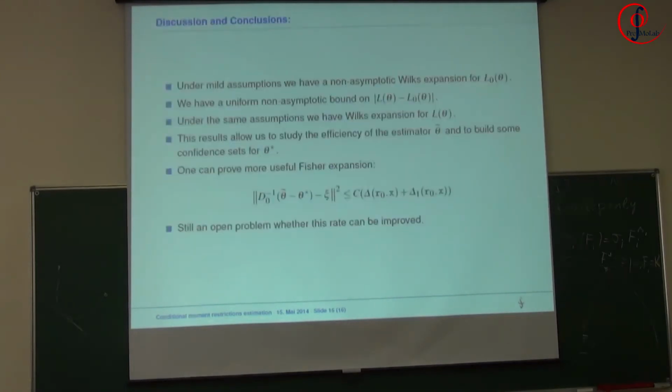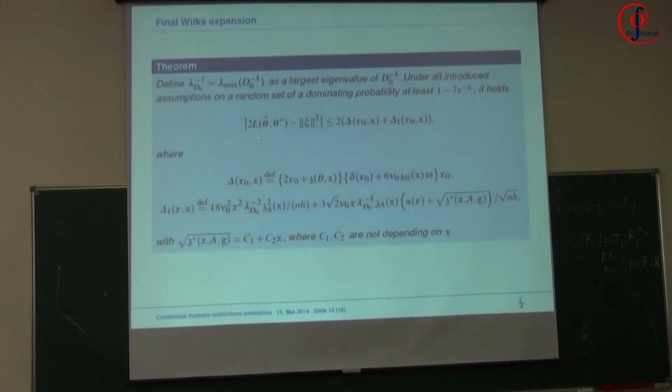And one more thing about discussion and conclusions. Here we have mild assumptions. We have Wilks expansion for L0 theta, and Wilks expansion for L theta, but we don't have a good Fisher expansion for this model, because we cannot apply directly results with p squared divided by n, since we were working with L theta and L theta null.